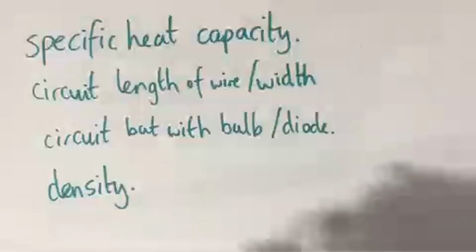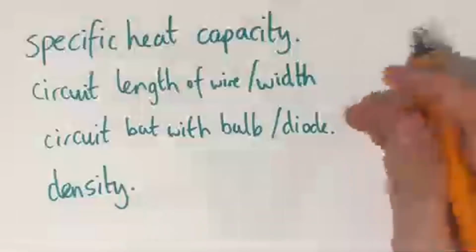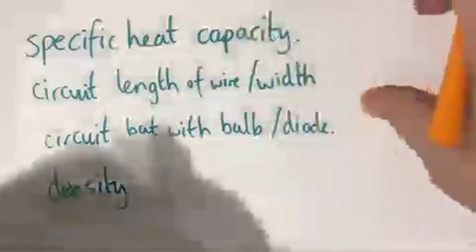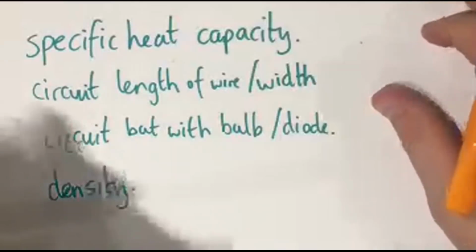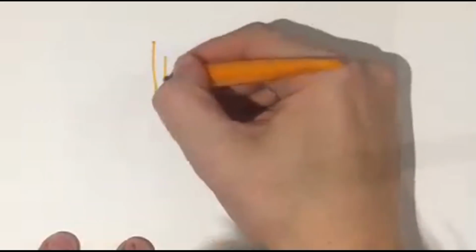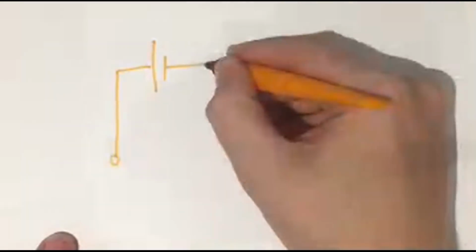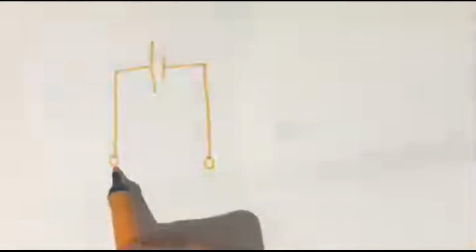Right, so let's take these one by one. The circuit. As I said, the circuit diagram. If I take a power pack or battery, and connect it up to the wire, so I have a length of wire here and I can change the distance.